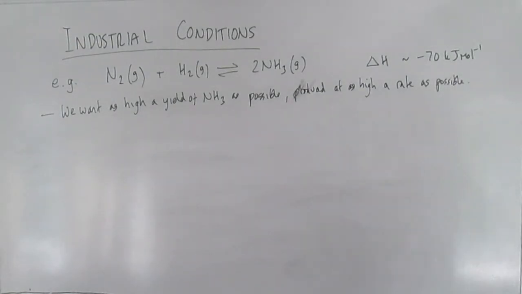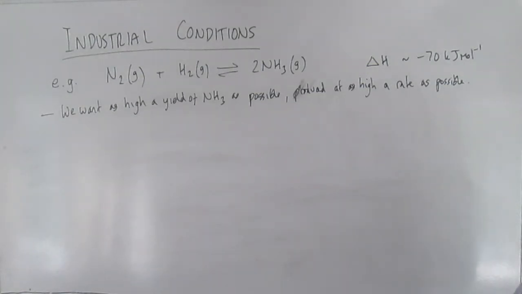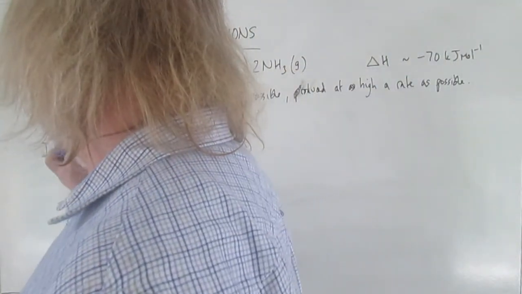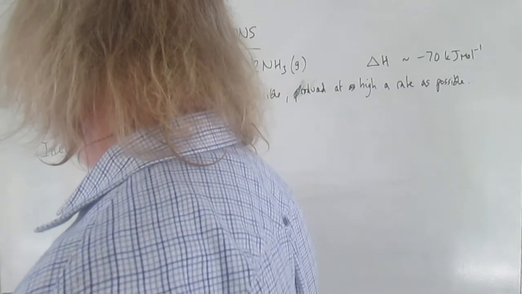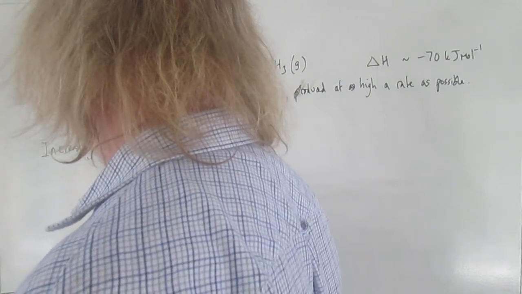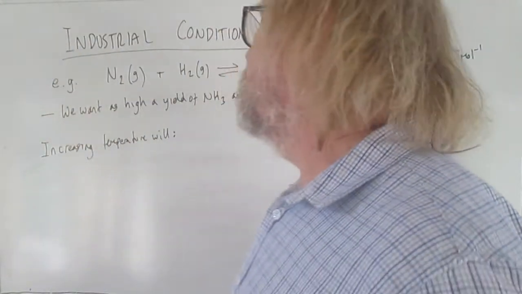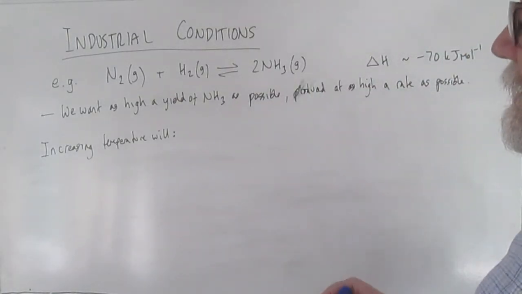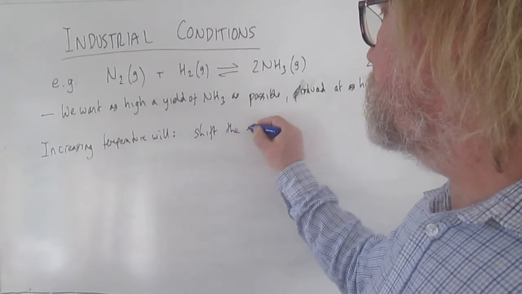So let's have a think about what that means in terms of temperature and pressure. So we can think about increasing the temperature, or we could think about decreasing temperature. It doesn't matter, but let's just say let's think about increasing the temperature. Well, what will it do? Well, in terms of the equilibrium, you can see that it will shift the equilibrium in the endothermic direction.